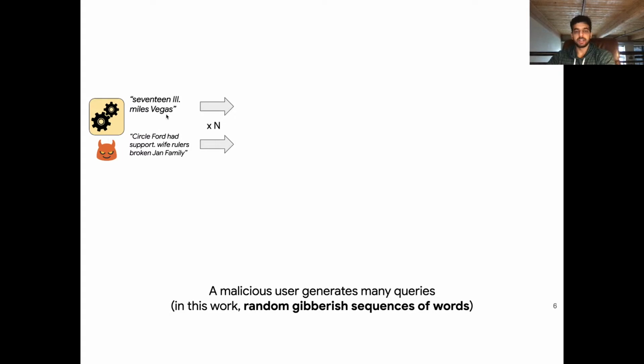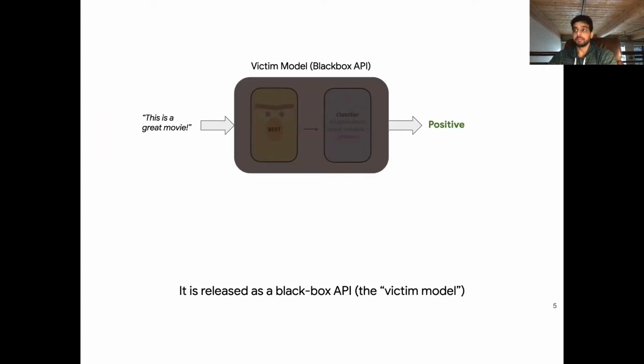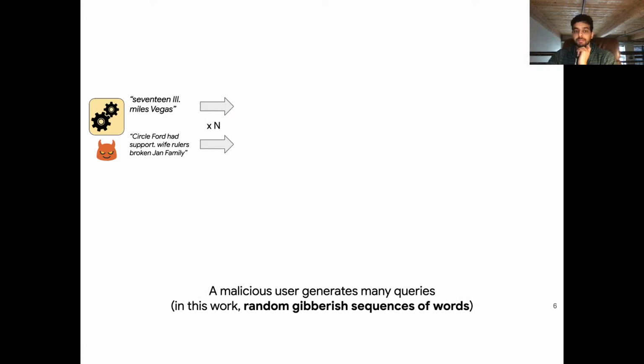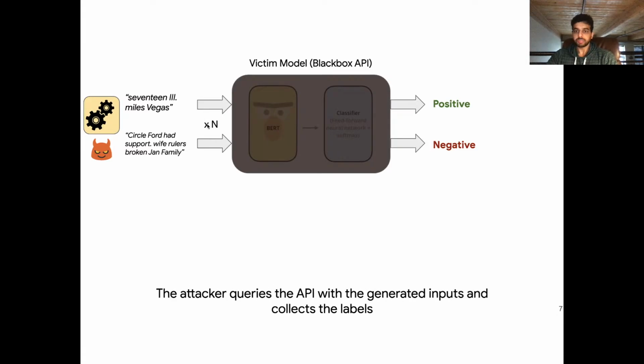It's ungrammatical. It makes no sense. But this black box model is going to spit out some prediction, positive or negative, even if the input doesn't make sense. So maybe it predicts positive on that sentence, and for this one, circle Ford had support wife rulers broken Jan family, it predicts negative.